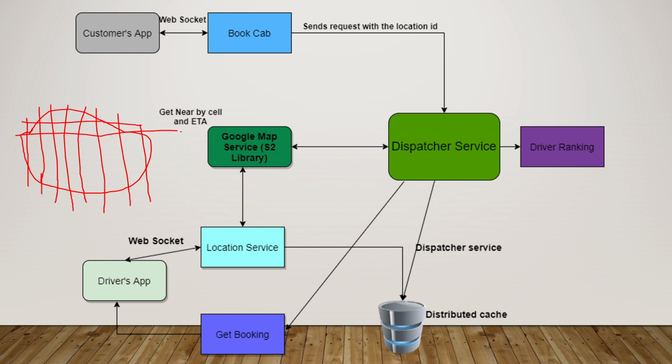Basically these are not square, pardon for the drawing, but I hope you got the idea. So it will be broken down into something like this. Each grid will be of some size. This can be a rectangle of half kilometer by half kilometer or something like that. So Google Map service will break down this city into all these grids.